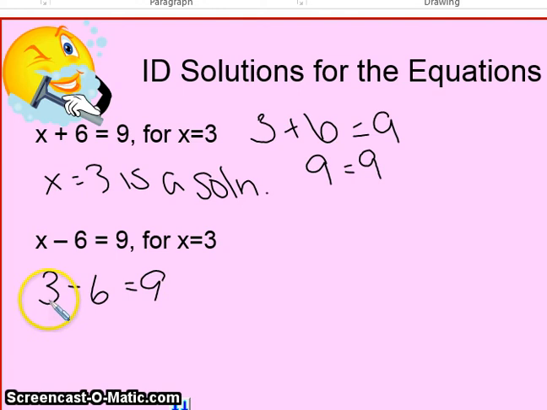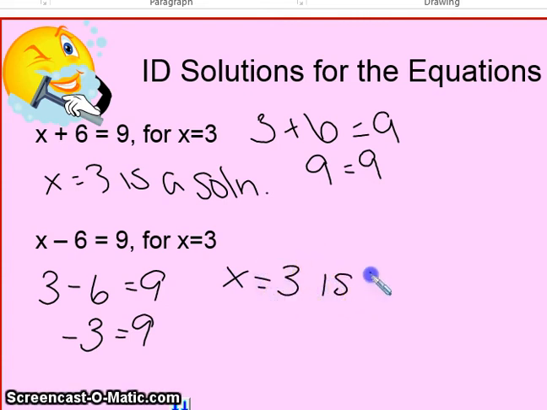Now if I subtract 3 minus 6, I get negative 3. So now I have negative 3 equals 9. This is not a true statement. This is a false statement. Negative 3 doesn't equal 9. So here, x equals 3 is not a solution. These are examples, and these both need to be in your notes as examples.